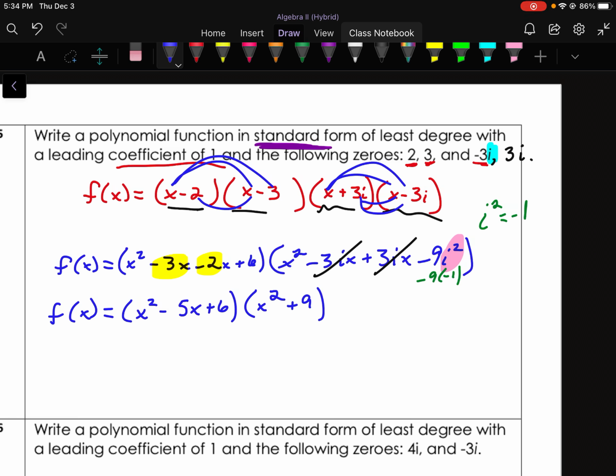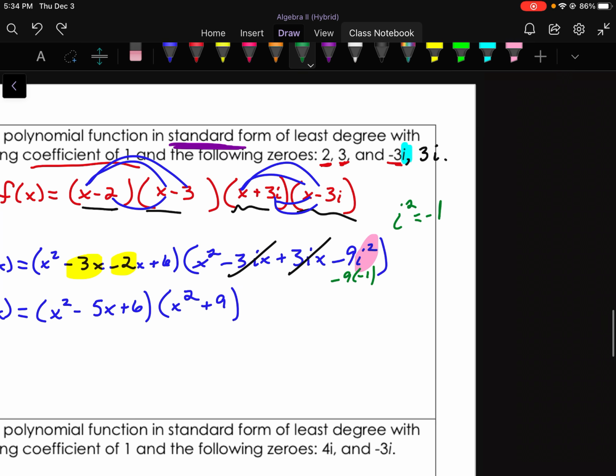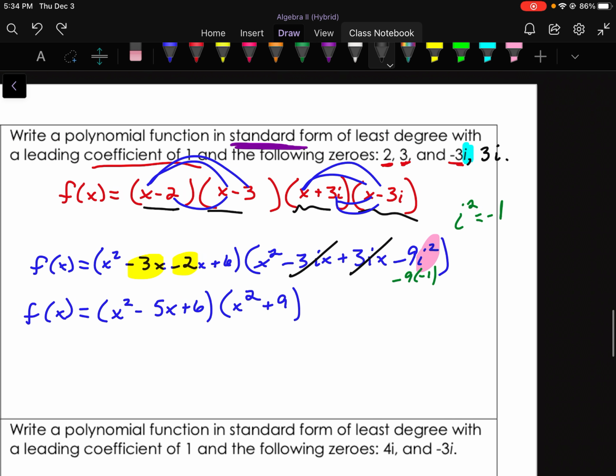So there we go. But we're still not in standard form. We still have to multiply again. So, I just want to point this out, you could just distribute and then take the middle term and do the same thing, and then take the last term and do the same thing. That all works just fine. I just want to show you another way of multiplying though. So what you could do is make a box.